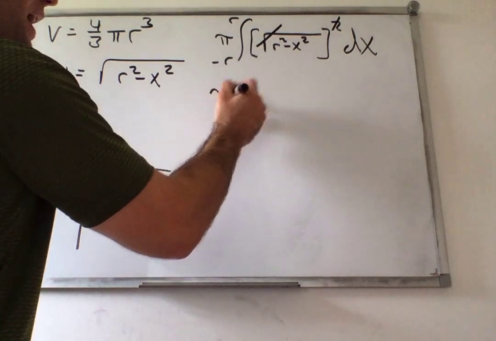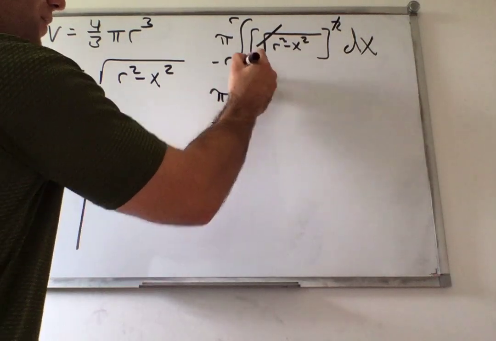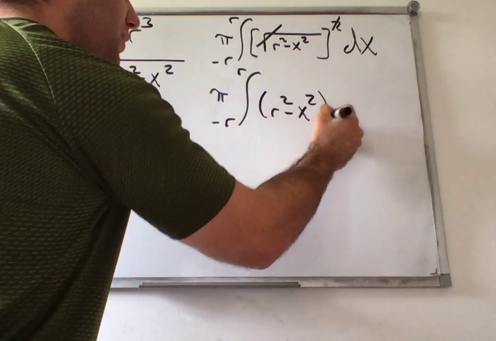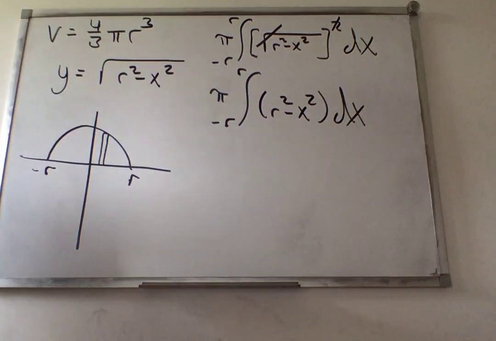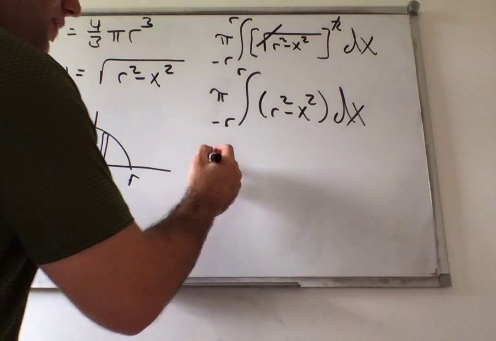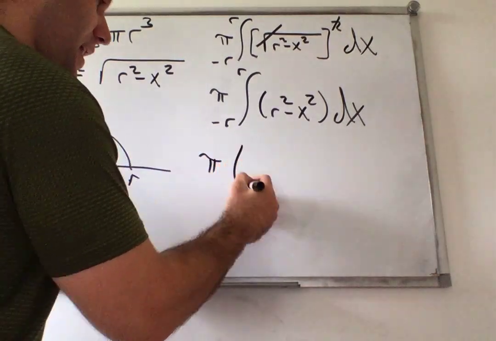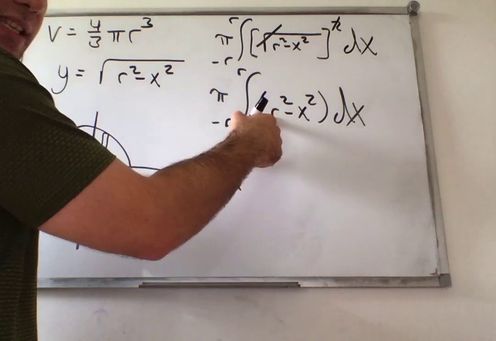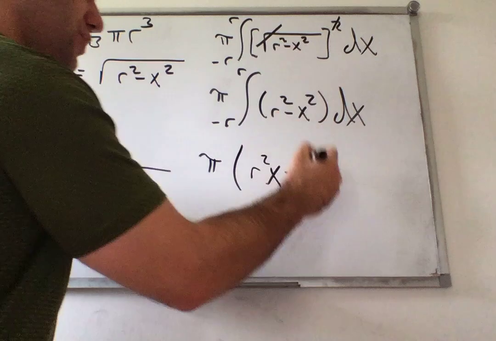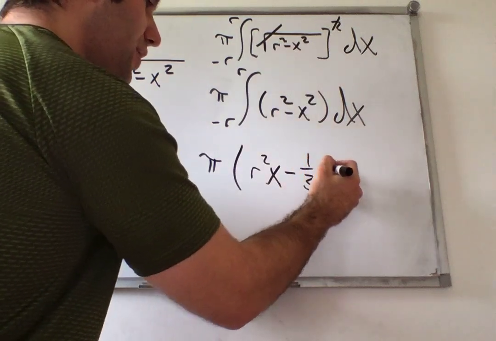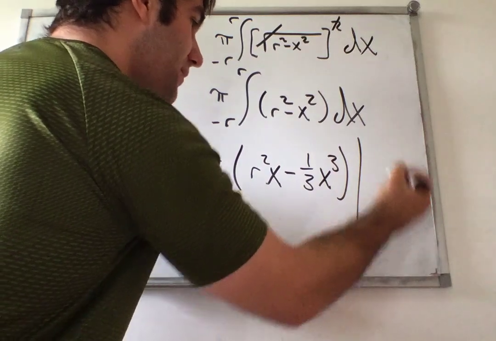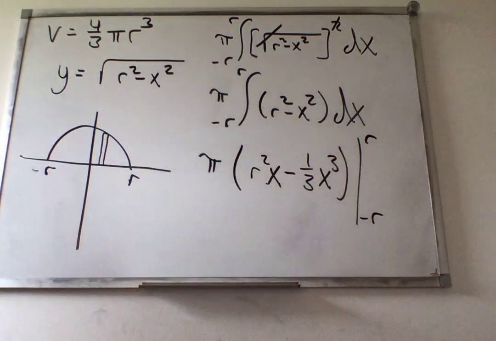And I get pi times the integral from negative r to r of r squared minus x squared dx. This is a straightforward integration. You get pi times, r squared is just a constant, so r squared x minus, undo the power rule, 1/3 x cubed. I'm going to evaluate it from negative r to r.